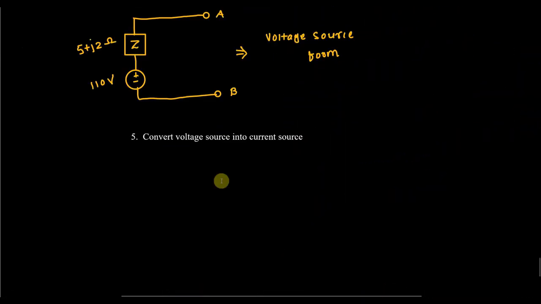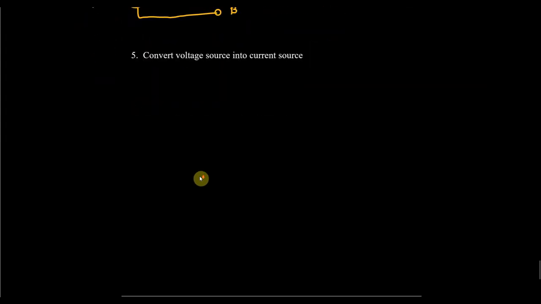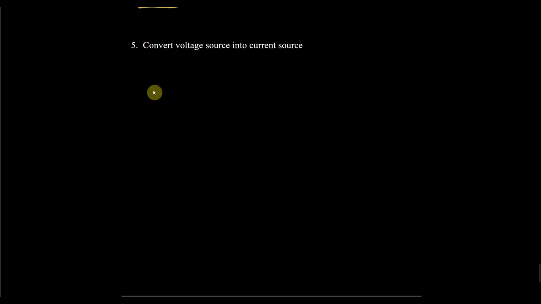In the last step, we will convert the given voltage source into a current source. That will give us our last answer, and the answer will be like this. So in the last step we will get the final answer.